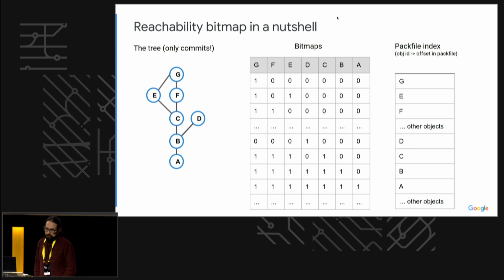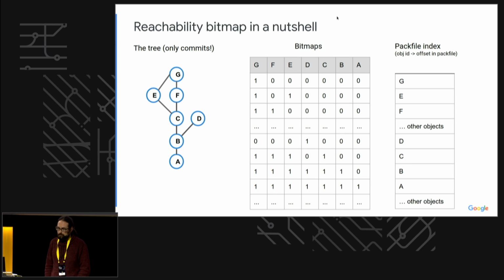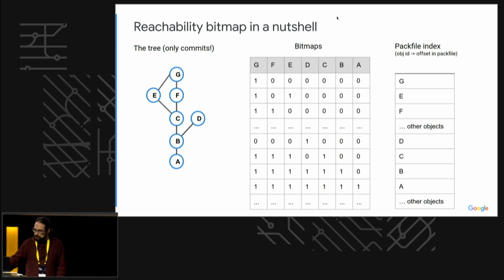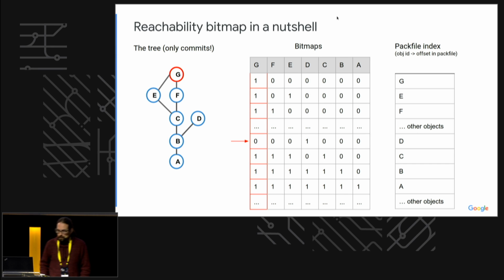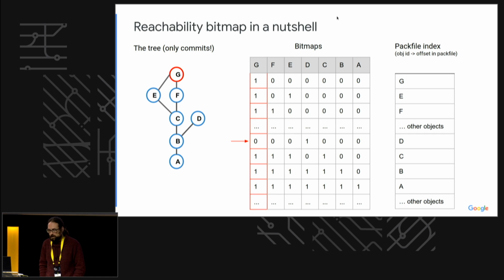The bitmap for a commit has a 1 if it can reach that other commit, or a 0 if it cannot reach it. So in this case, for example, from node G, if you walk backwards on the tree, you can reach every other node except D. So it has a 1 in every position except on D, where it has a 0.